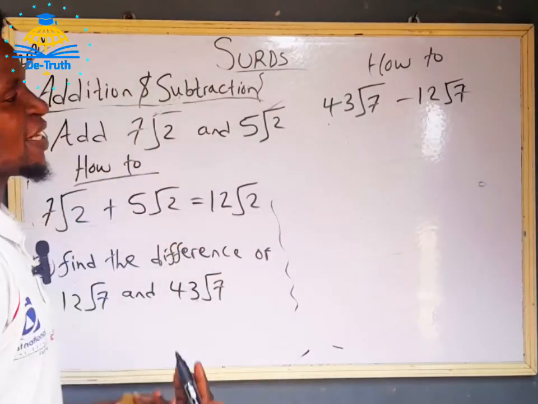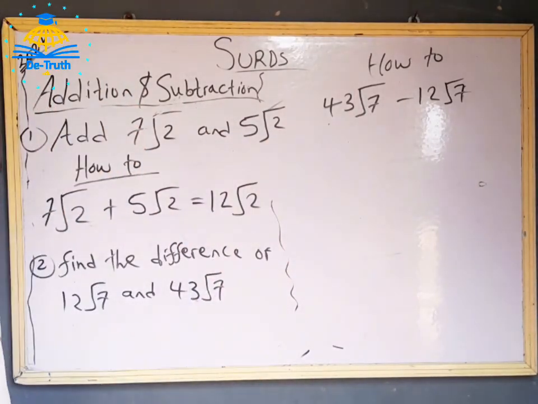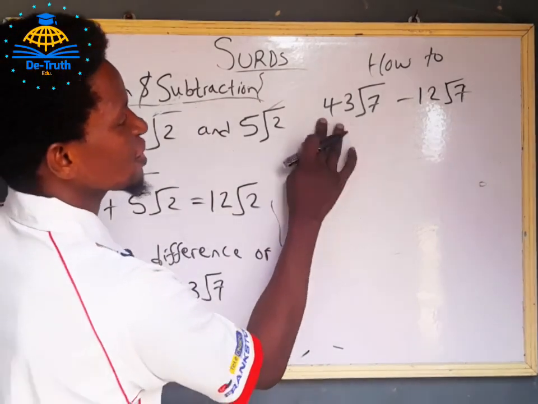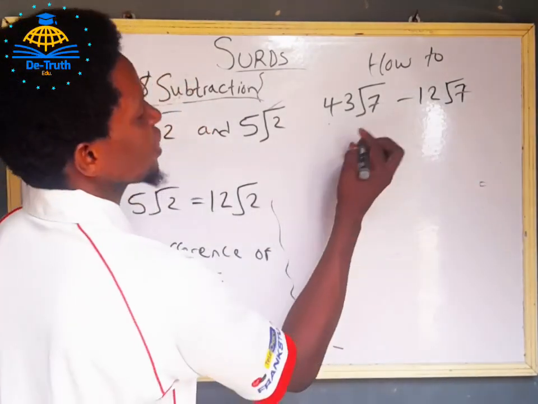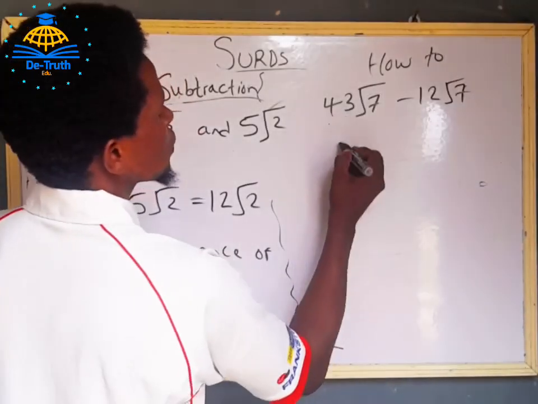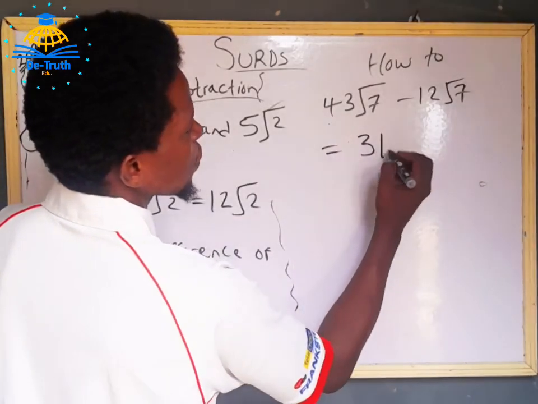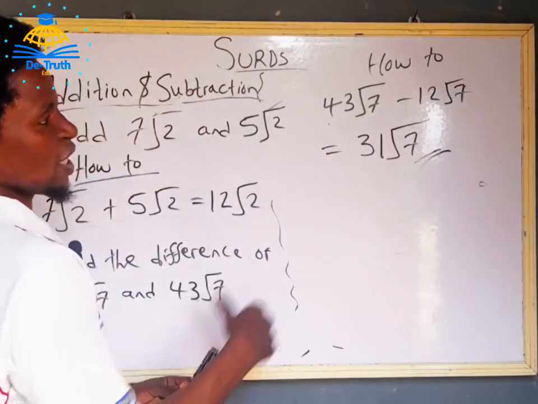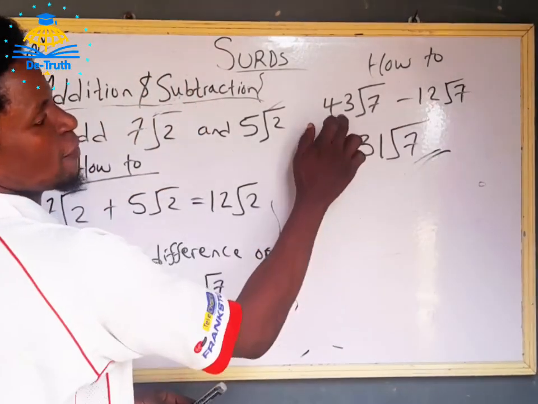In our mind, let's just put this root 7 to be A. So that means you have 43A minus 12A. What are we going to have for that? That will give us 31A. So this one is going to be 31 root 7. So just subtract 12 from 43, then take one of the numbers in the roots.